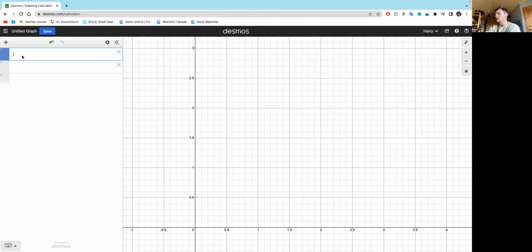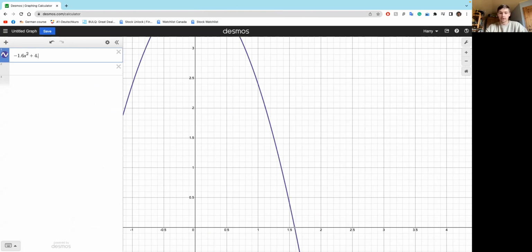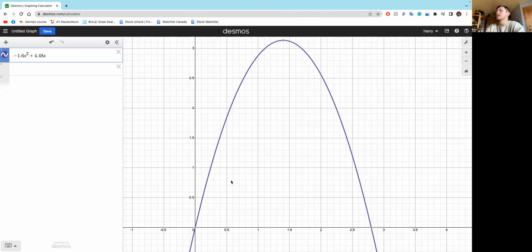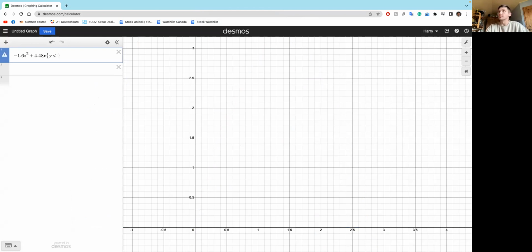Okay, here we are. Our graph is negative 1.6x squared plus 4.48x. We're not concerned about it going below the x-axis, so we can get rid of that. We'll go for y more than 0, and then put y equals here.